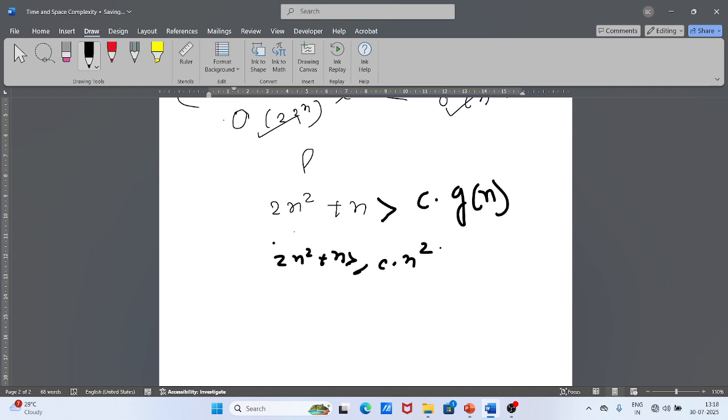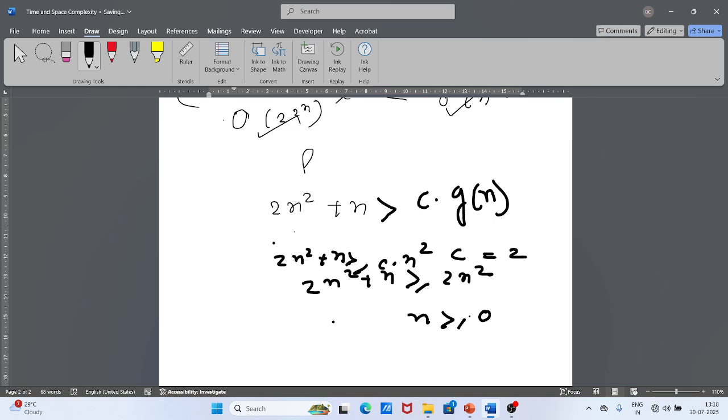Now c value is equal to 2. Now take 2n square plus n greater than or equal to 2n square. Then can I write n greater than or equal to 0?